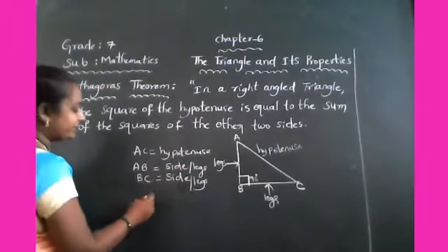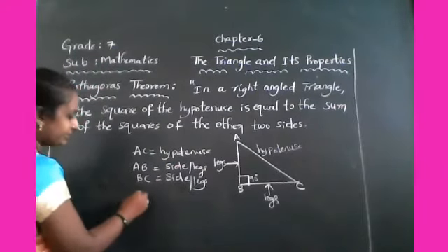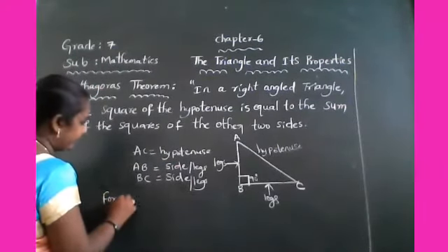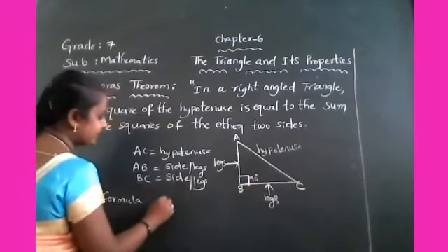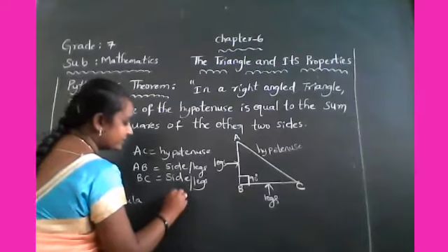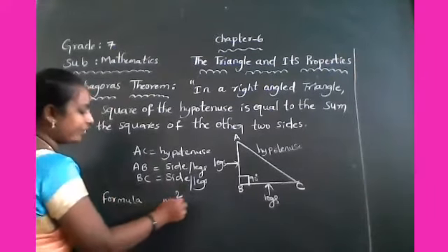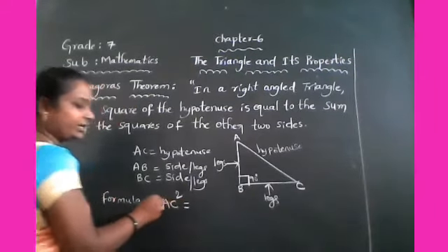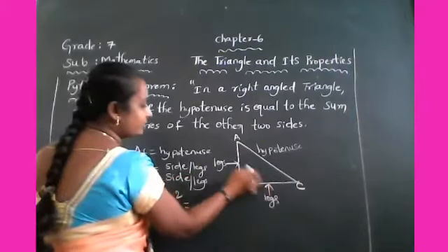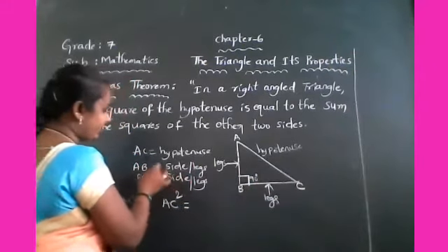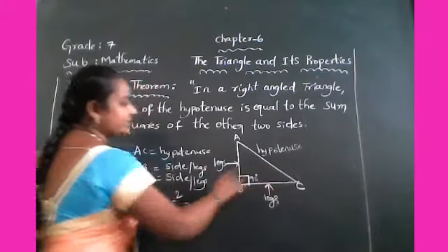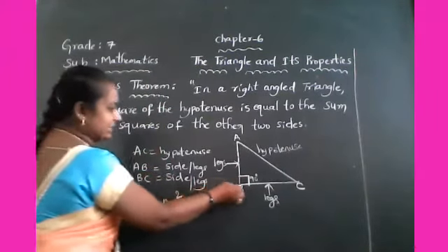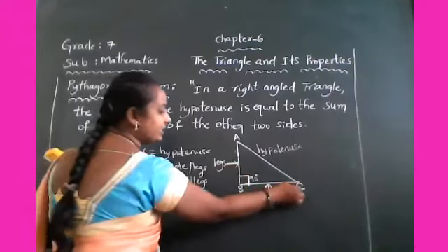How can we write the formula for Pythagoras theorem? Formula. Here the hypotenuse means AC square, the square of the hypotenuse. It is equal to the sum of the squares of the other two sides. What are the two sides here? AB and BC. Square means AB square and BC square.